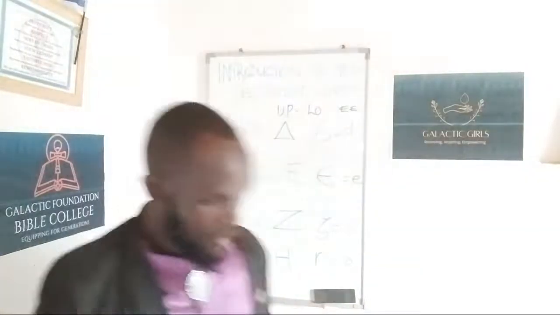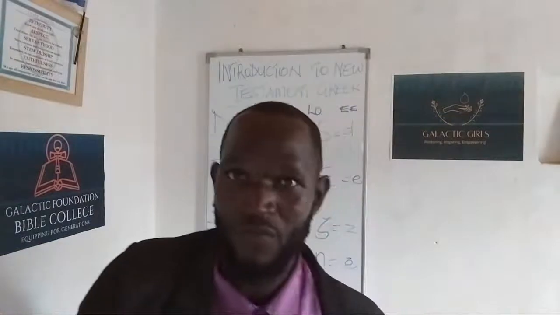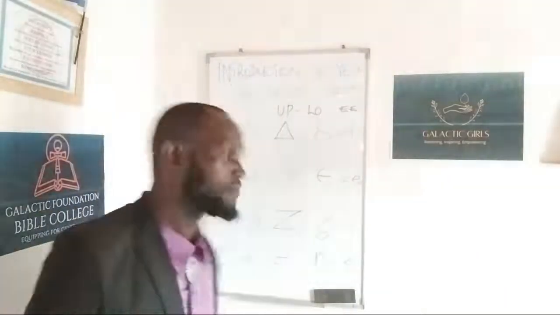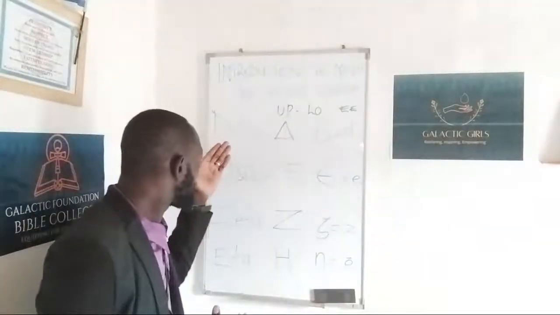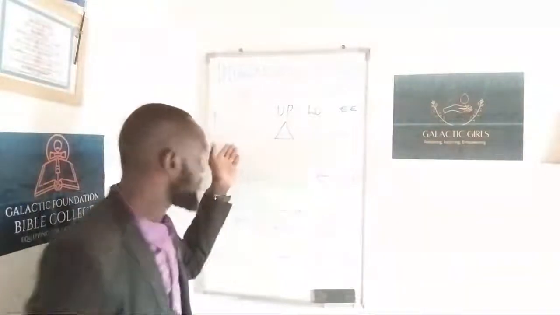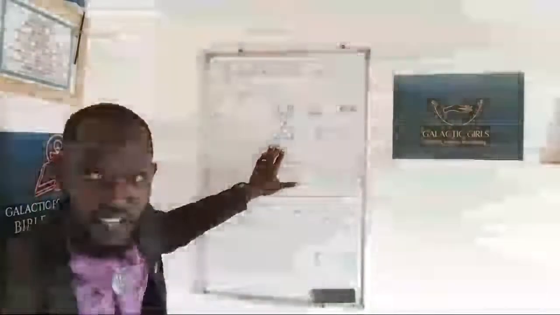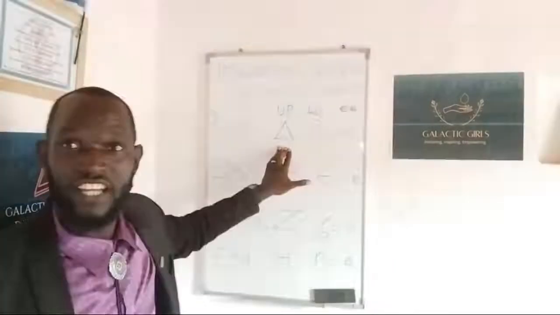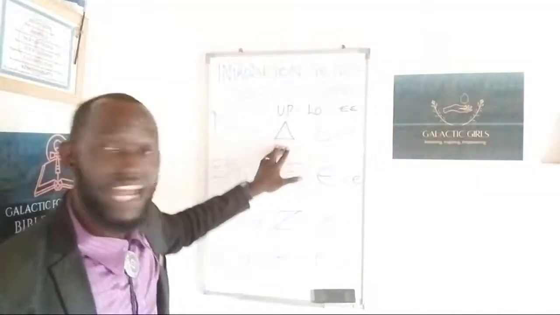All right. So I want to do a review of what we've just covered before we wrap up our lesson. We began with delta in this lesson, and you notice how the uppercase is written. Delta is written in uppercase like you are writing a triangle, right?